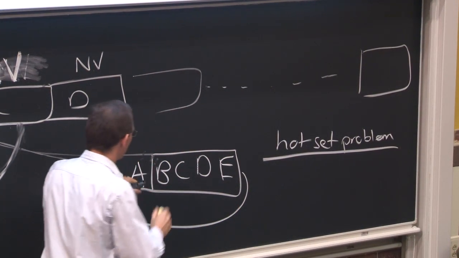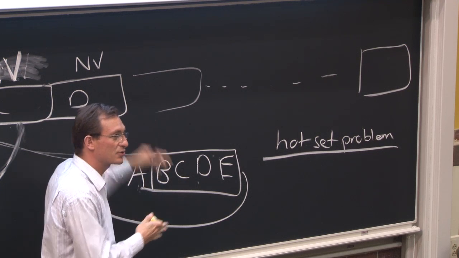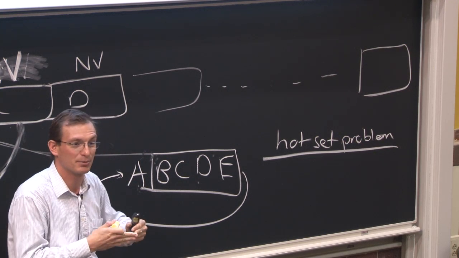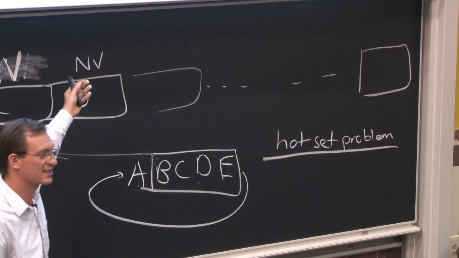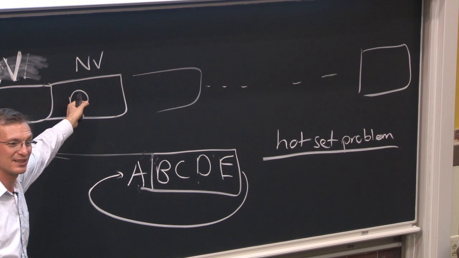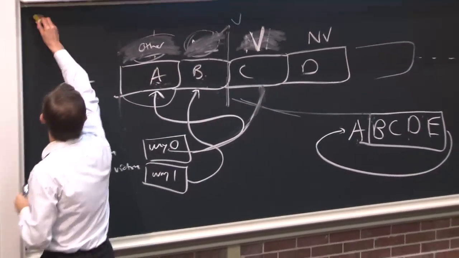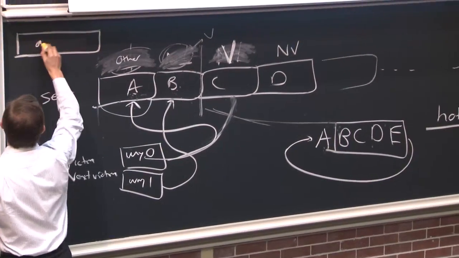You have a lot of blocks that need to go into one set, and the associativity in that set cannot handle that many blocks. Whereas in some other sets you have too much associativity, and only 2 blocks access it. Why does this happen? Because we're using the address to index into the cache.